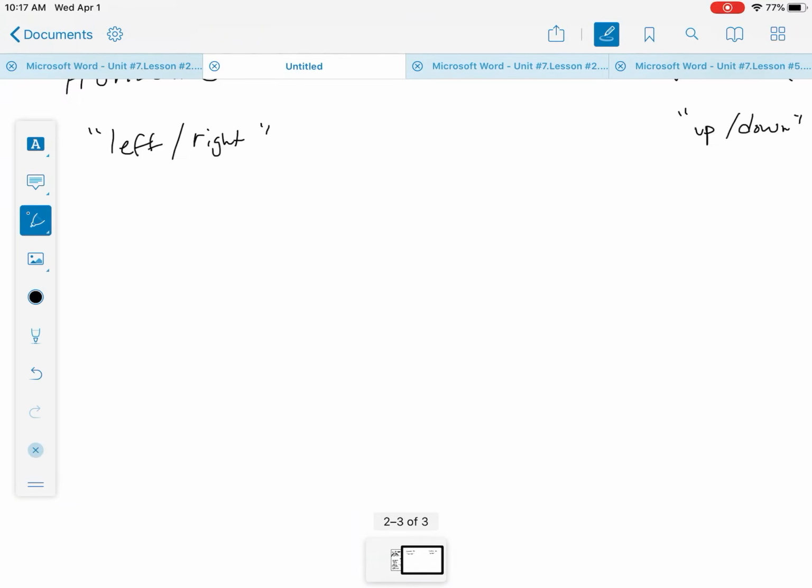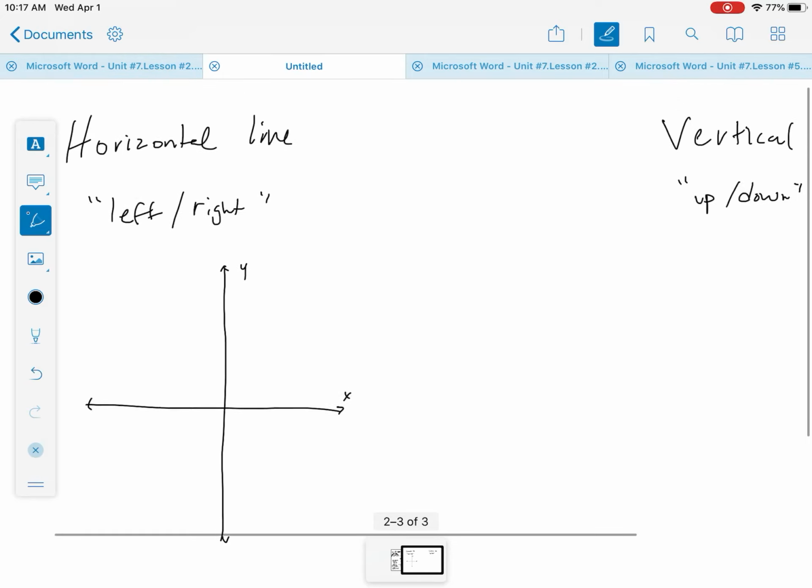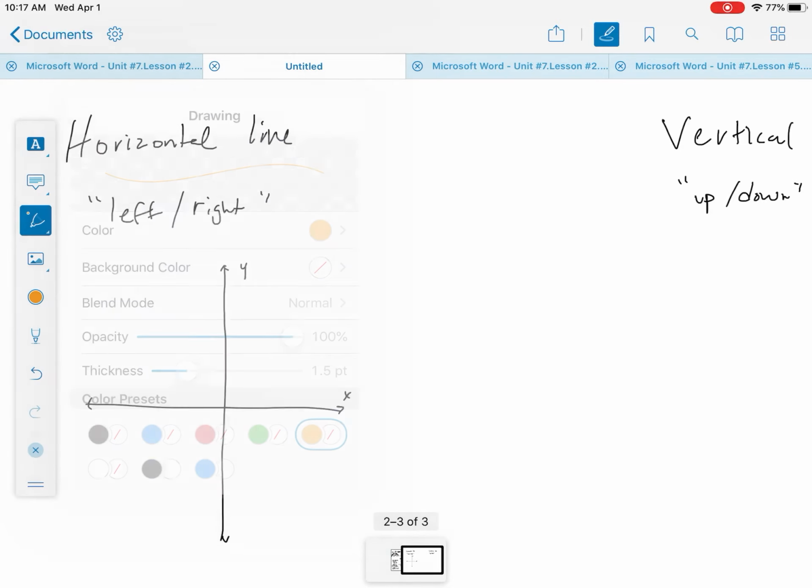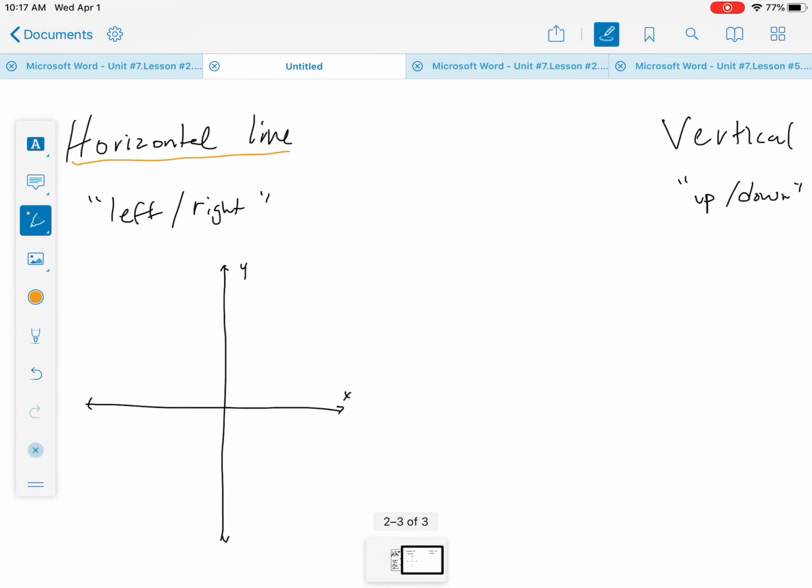Now, let's make a small little graph here. There's my y-axis and there's my x-axis. And I'm going to try to graph the horizontal line from left to right. I'll do it in a different color for you. Let's try a line that looks something like that.